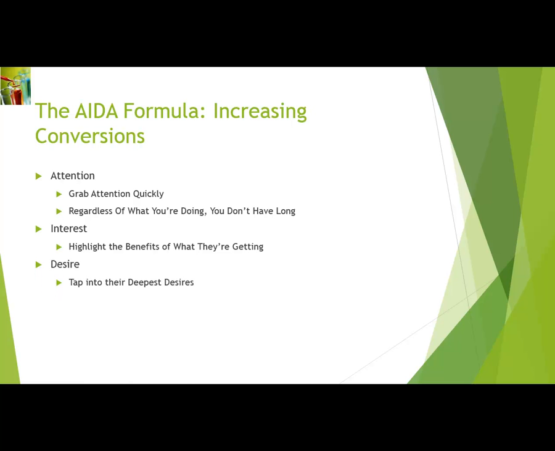Okay, desire. What is it that people really want? They want more freedom. They want to be healthy. They want great, long-lasting relationships. They want to belong. And you have to tap into that desire when you're speaking to them. When you get their interest, and you're talking about the benefits they're going to get, you've got to be tapping into their deepest desire.